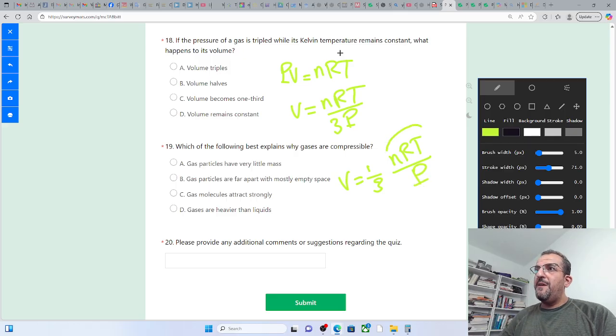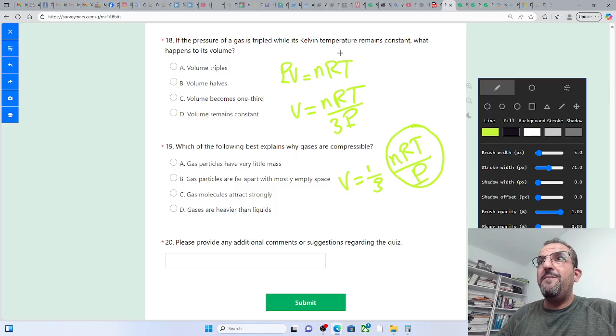So that's going to give me the original volume value multiplied by 1/3. So you will see now C is the right answer for number 18.